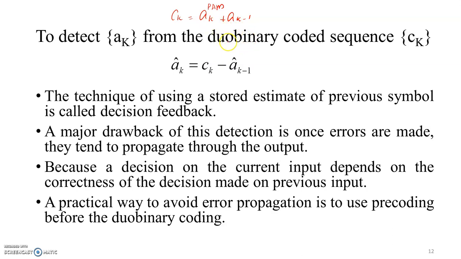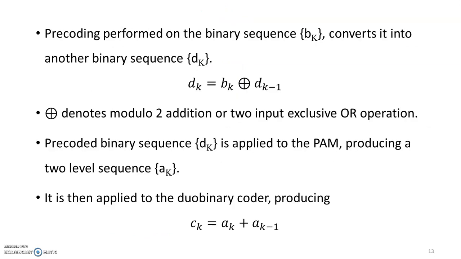In order to overcome that, we will be using a precoding before the duobinary coding. In this session, we will see what precoding is. In precoding, we are doing the precoding on the original binary sequence BK, which is 0 and 1.